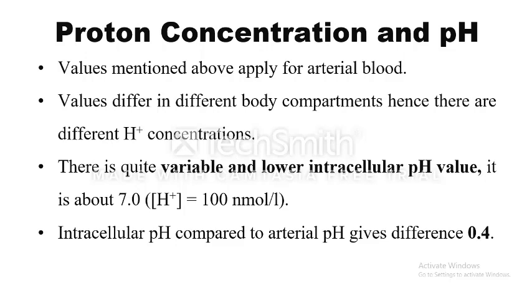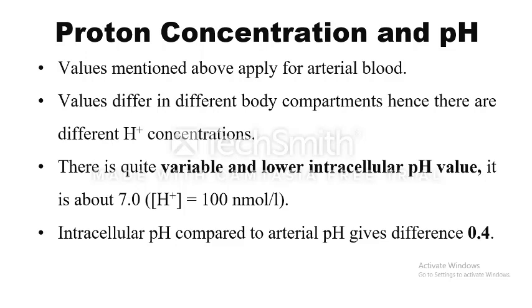Values differ in different body compartments. Hence, there are different proton concentrations in different compartments of the body. There is a quite variable and lower intracellular pH value. It is about 7, that is, the hydrogen ion concentration should be 100 nanomole per liter.